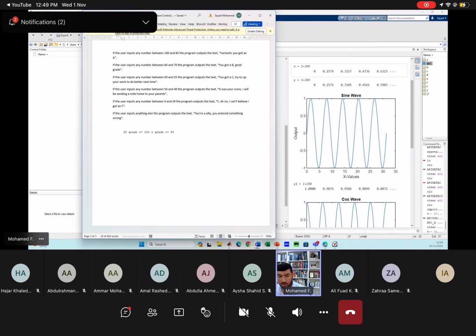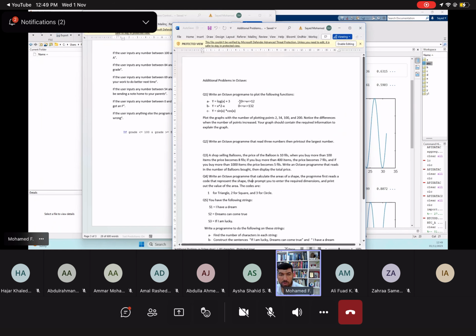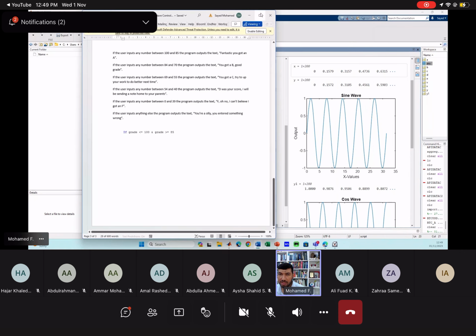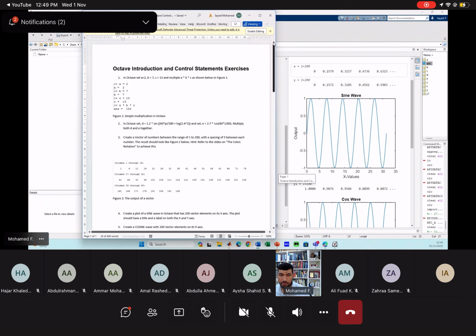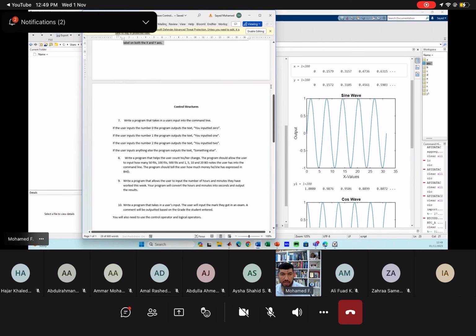Let me see the other one. They have specified for you from where to start to where to finish. However, again, in the sine and cosine question, they didn't. Okay, so it's an open question. You can add any point.